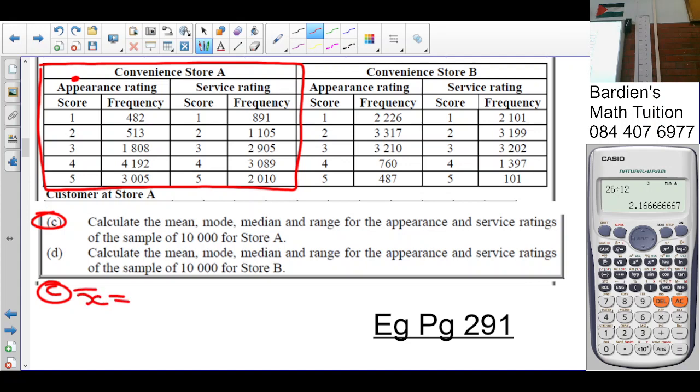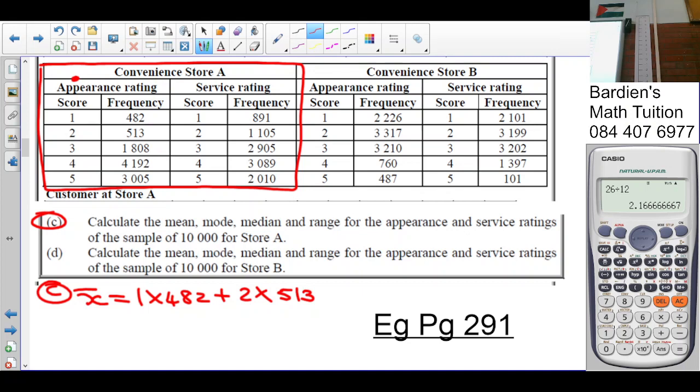So for the mean, how many ones do you have? 482. There's 482 ones. So what you say is 1 multiplied by 482. How many 2's do you have? So you're going to say plus the 2, 513 2's.